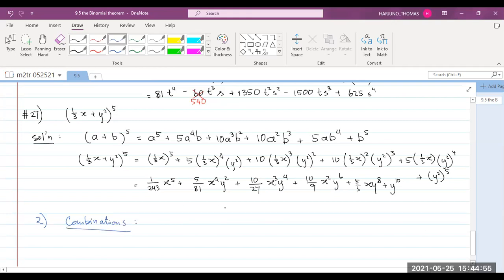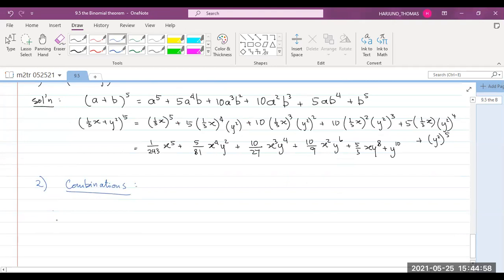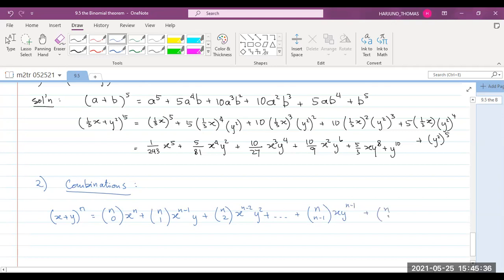You will see that when we have (x plus y) to the n, that is actually equal to, the coefficient is given by n combination 0 x to the n plus n combination 1 x to the n minus 1 y, n combination 2 x to the n minus 2 y squared, all the way to n combination n minus 1 x y to the n minus 1, n combination n of y to the n.